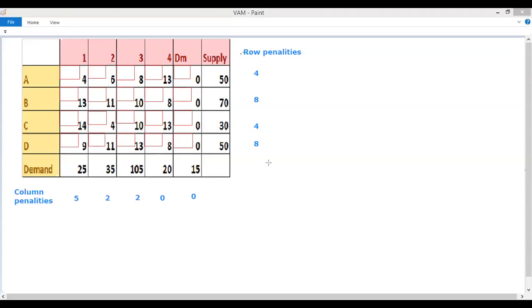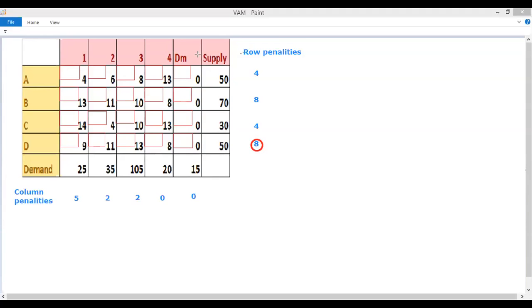In the second row we look at the minimum cost cell, which is 0, and in the fourth row the minimum cost cell is 0 again, which indicates there is a tie. Both minimum costs are of the same value, so we can randomly choose any of these cells for allocation. Let us choose this penalty as our maximum penalty.